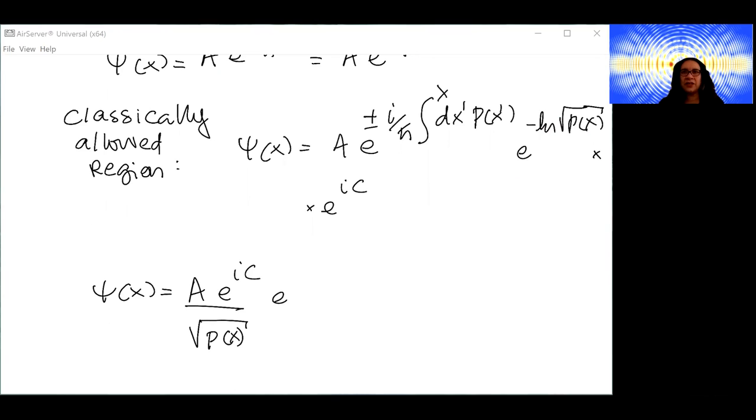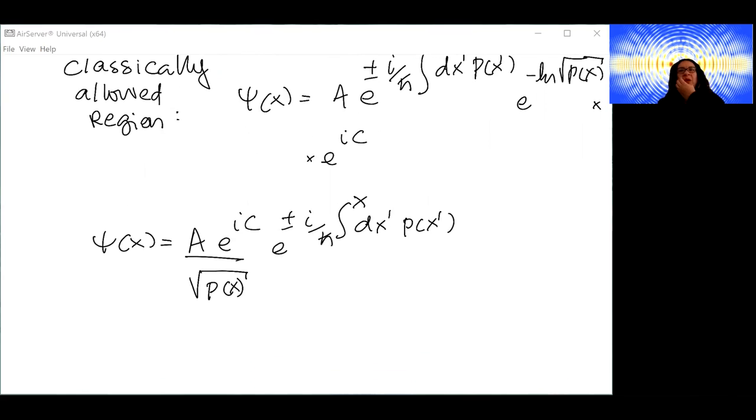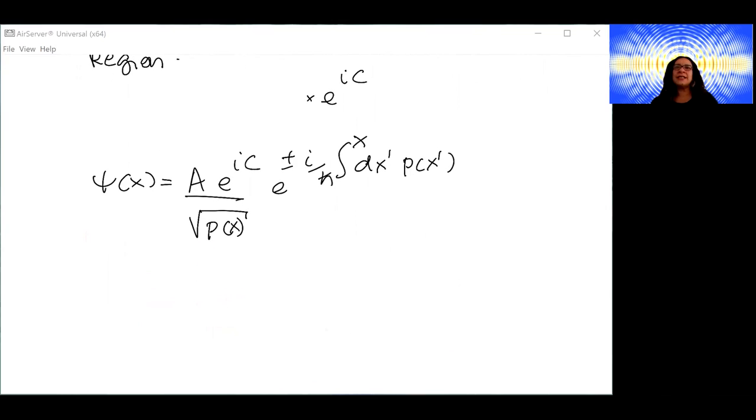And you're going to have e to the plus minus i over h bar integral over x dx dash p x dash. So this is nice. And we have come to some solution actually we can use in practice. You see, this is an approximation for our wave function up to first order in h bar for our S.